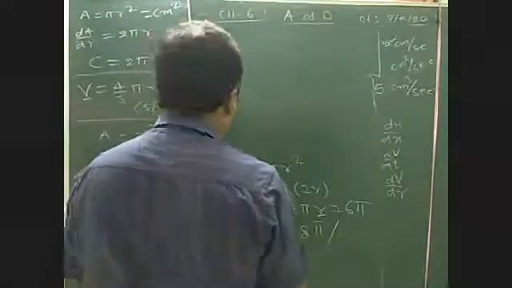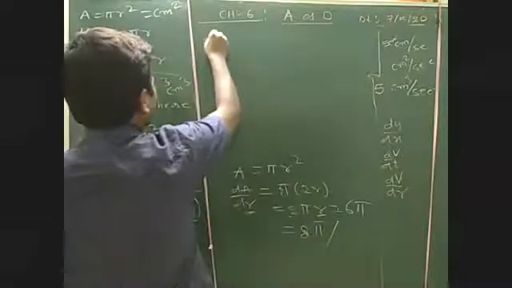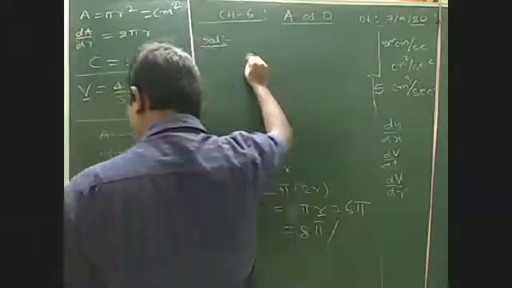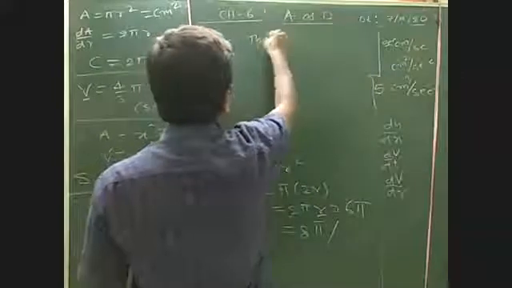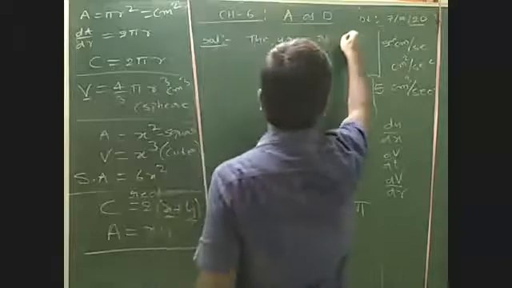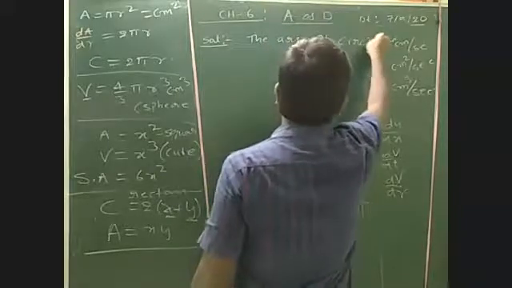So here, first we write the solution. In the solution, first write the format: the area of circle with radius.